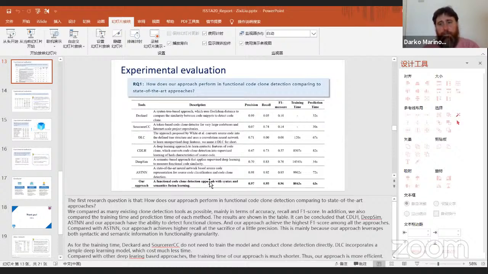There are 5 different versions of the source code file. They are all committed by different students, and we assume that two source codes from the same task are functional code clones, and if one code solves task 1 and another code solves another task, we assume that these two codes are not functional code clones.